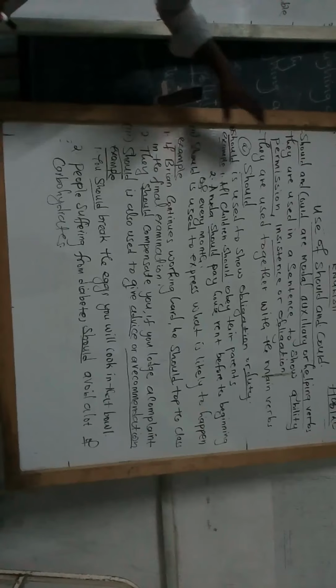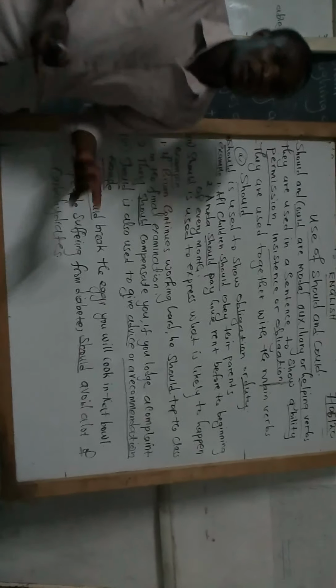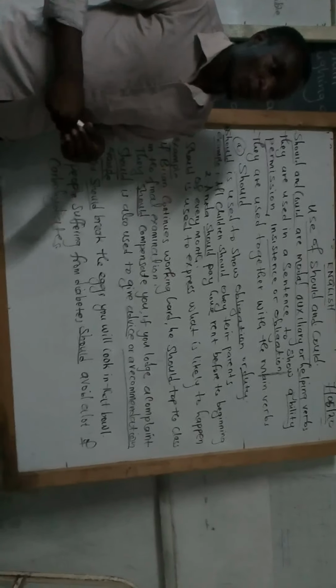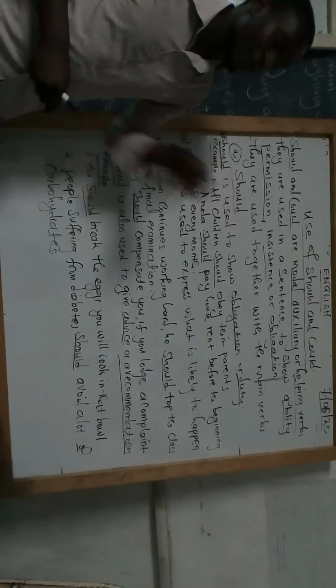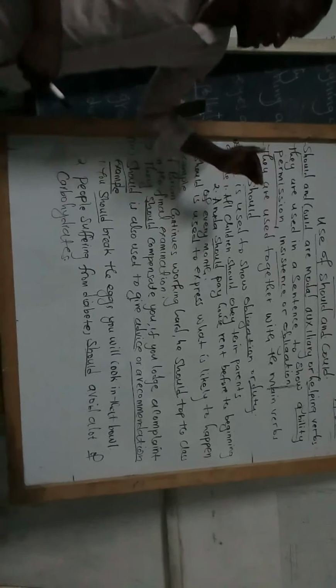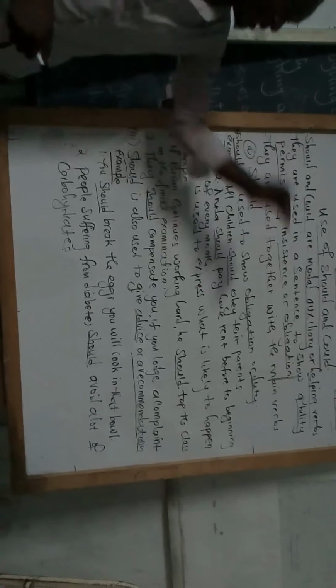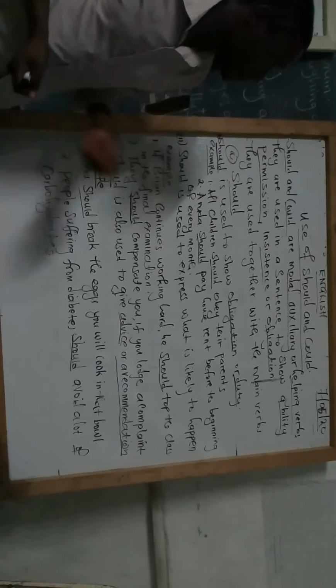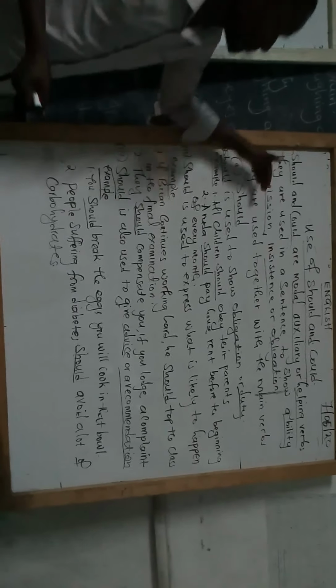First of all, should and could are known as modal auxiliary verbs. They are also known as helping verbs, which are used together with the main verb in a sentence. These two words are used to show, number 1, ability to do something. Number 2, permission.